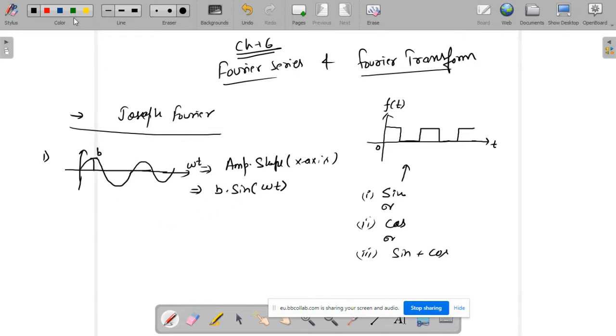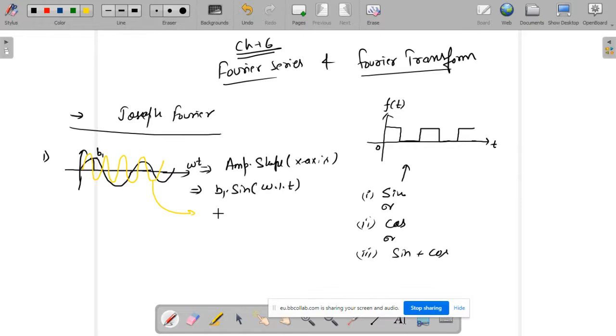Now let's suppose this is signal 1. So the amplitude of this signal is b1, and the frequency of this signal is omega 1 multiplied by t. I have one more signal, let's suppose this yellow signal.